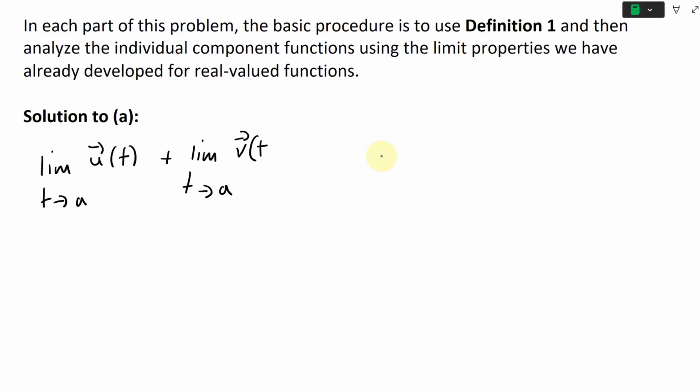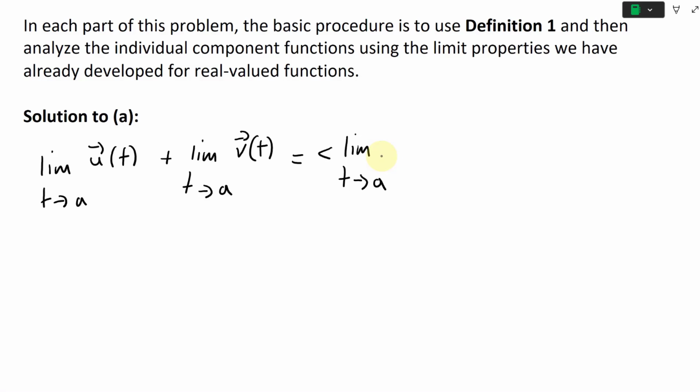This equals the limit as t approaches a of, now we do the component parts of every single one. This is the same thing as the limit of each one separately. This is just definition 1.